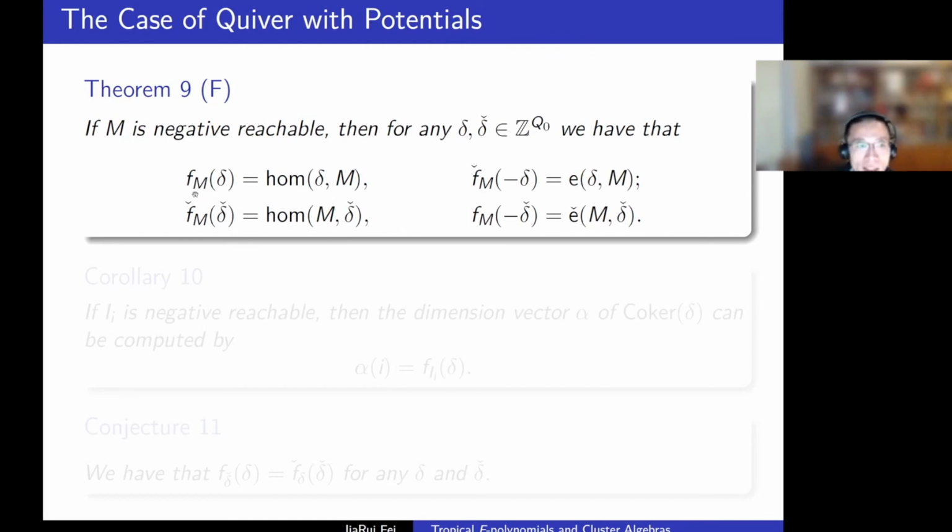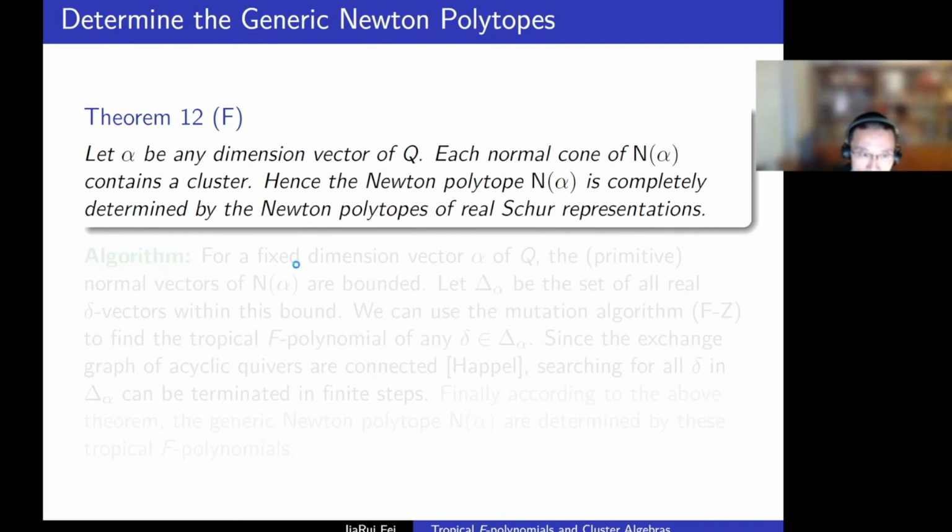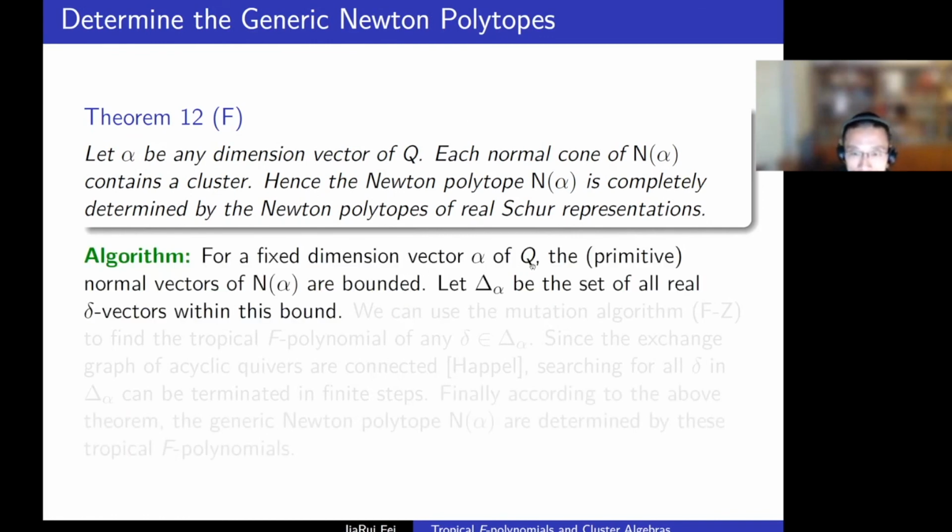It turns out that one way is easier because if M is reachable, this F_M, the tropical F-polynomial, can be computed using the mutation algorithm. So here's how the algorithm goes. For a fixed dimension vector, this is more or less equivalent to giving a delta vector or weight vector, for a quiver without loops or without potential, that's the same thing. Then we consider the set of all real vectors within some bound.